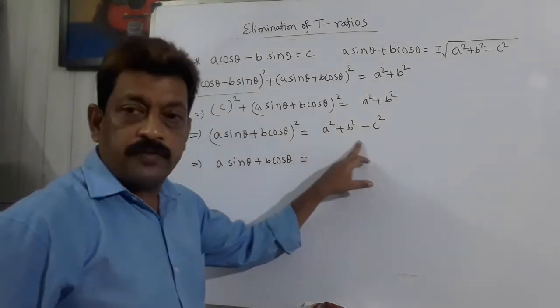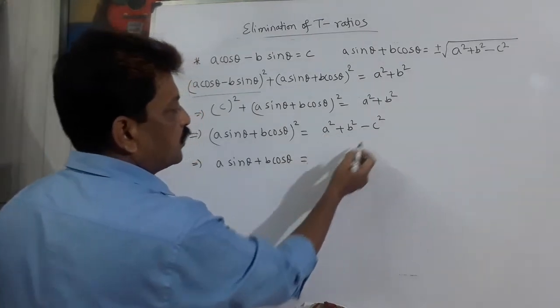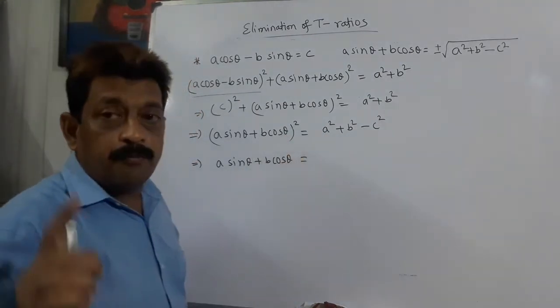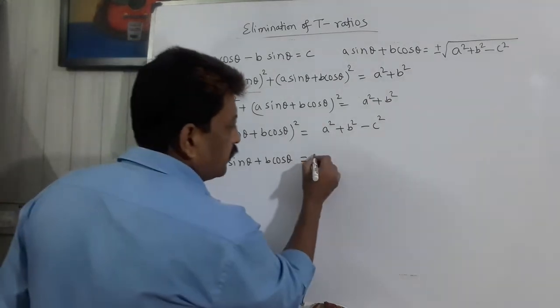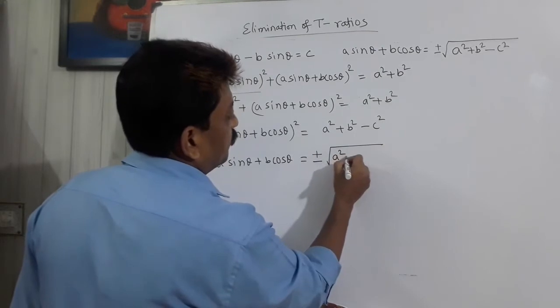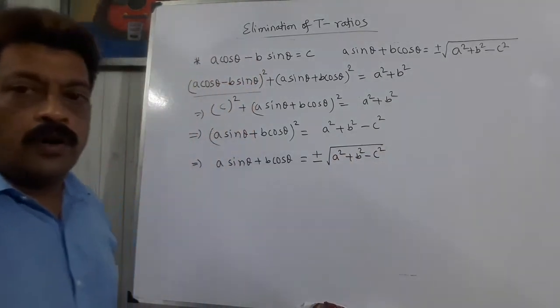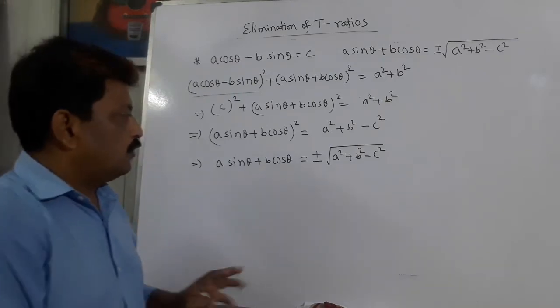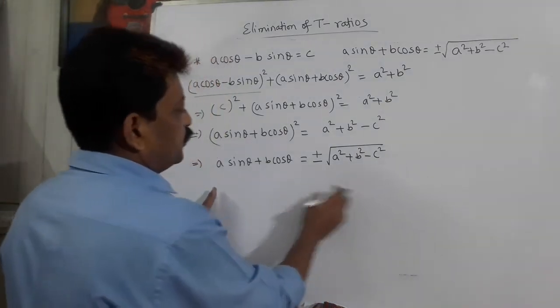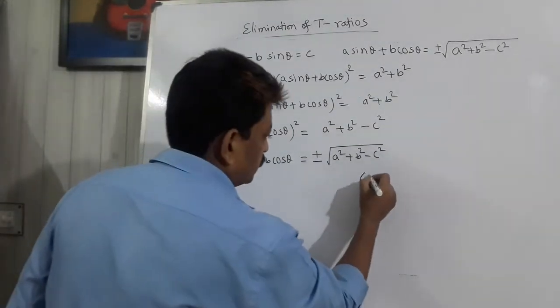We have to find the root of the right hand side. So it will be root over A square plus B square minus C square. But since I am removing the square sign, there will be plus minus, then root over A square plus B square minus C square. Understood? So this is the proof we have to do, and it is already proved. Therefore we can write here, proved.